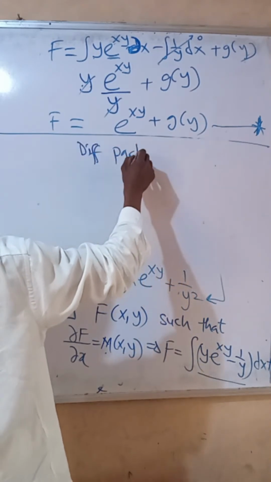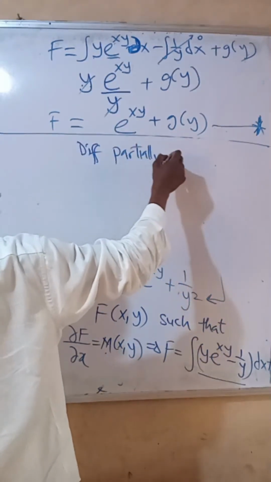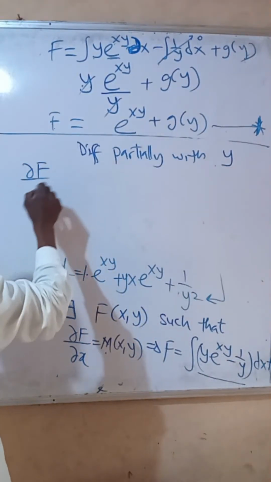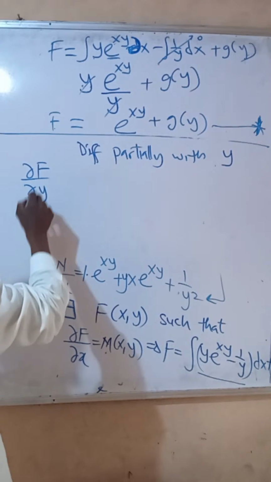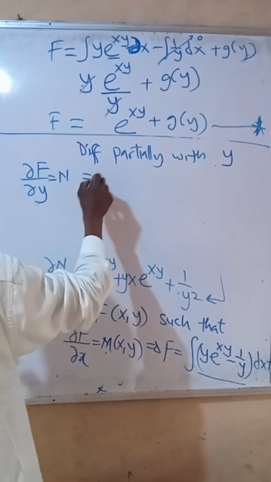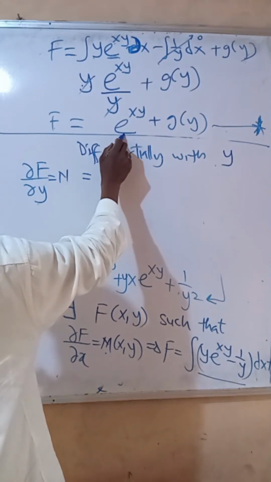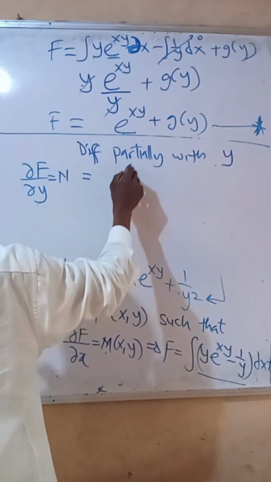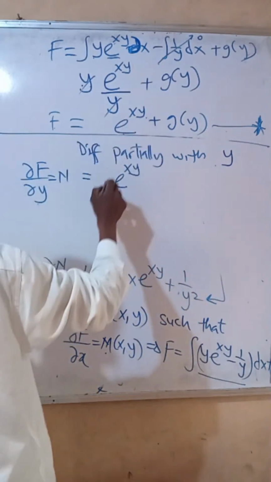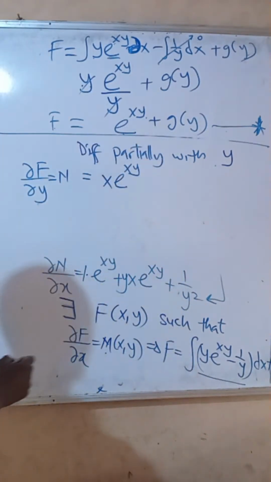partially with what? Del f, del y, which is equal to n. Differentiate this one with respect to y, that will be e to power xy with respect to y. So that will be what times what? Times x.